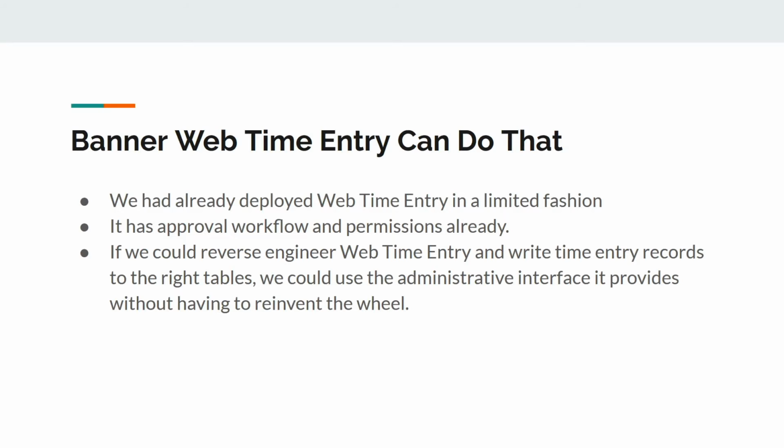And so we got to thinking, what if we could build something smaller that people could interface with that would hook right into Web Time Entry? What if we could reverse Web Time Entry and figure out where it's writing its records to, what tables and all of that? Then maybe we could build something that would interface in the same way, and then we wouldn't have to totally reinvent the wheel. And that's what we ended up doing.